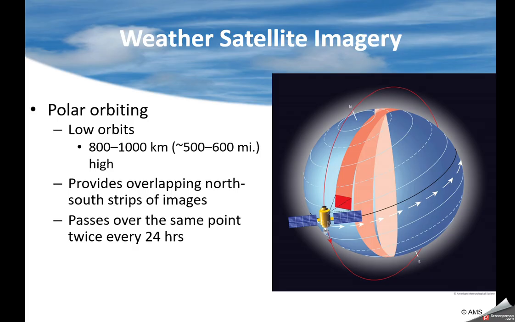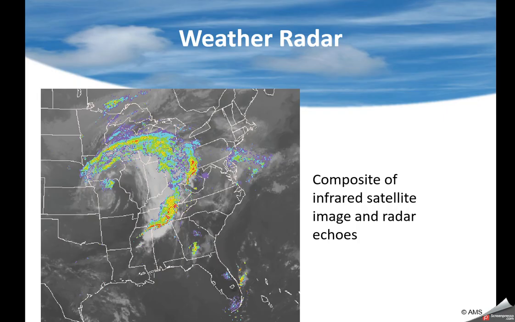Interestingly, we have polar orbiting satellites, much lower, with higher resolution in some ways, but since they're not staying over the same spot, they can't record what's happening constantly like a geosynchronous satellite can. However, the Earth rotates underneath them, so they pass over the same general area usually 2 times in a day. Here is a geosynchronous satellite image.